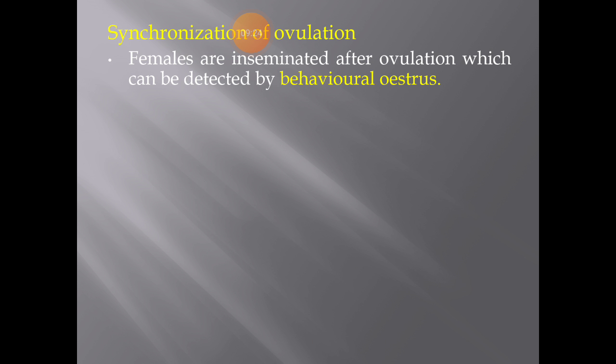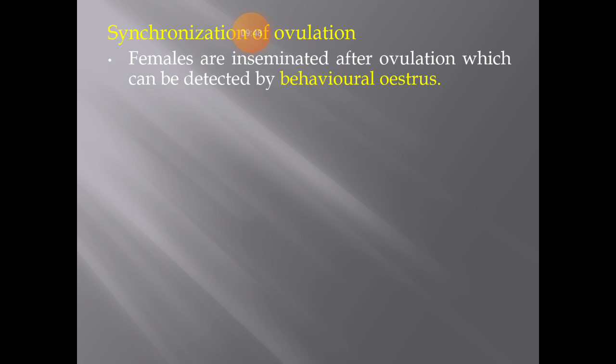So you have to do this artificial insemination in the females after ovulation, that is release of the ovum, which can be detected by behavioural estrus. When the animal is in estrus, it shows particular typical behaviors.